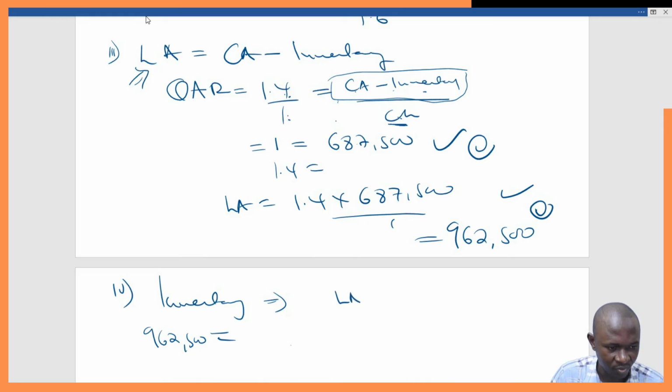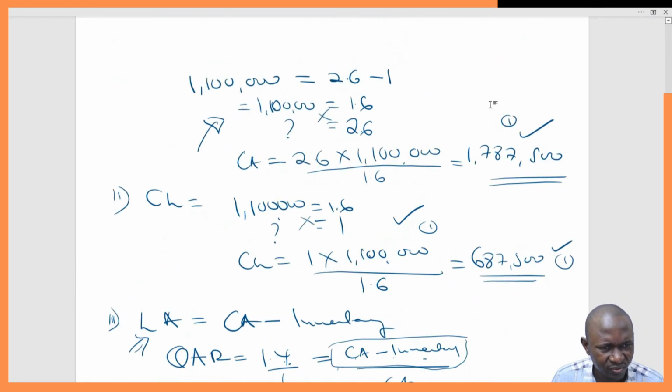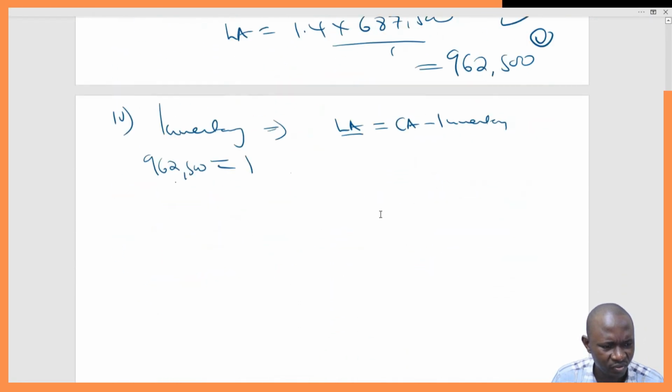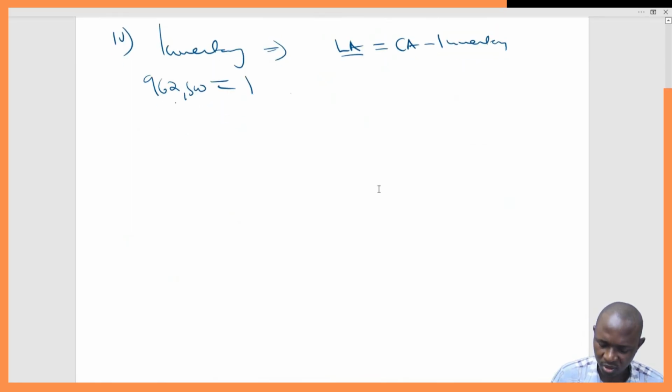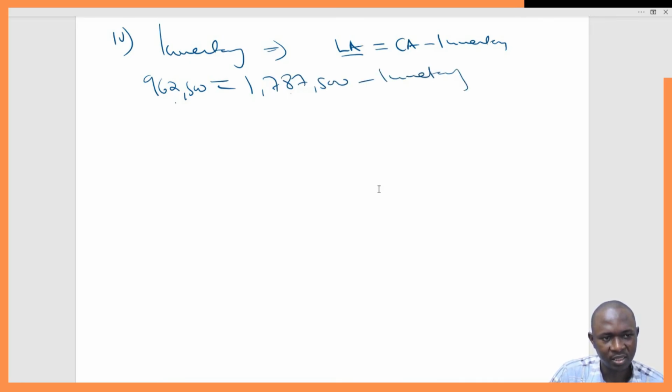Liquid assets is equal to current assets minus inventory. Our liquid assets is 962,500. Our current assets was, I think, 1,787,500. Yeah, 1,787,500. So 1,787,500 minus inventory, like that.